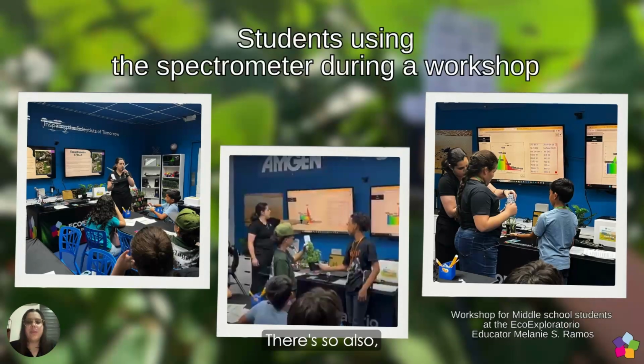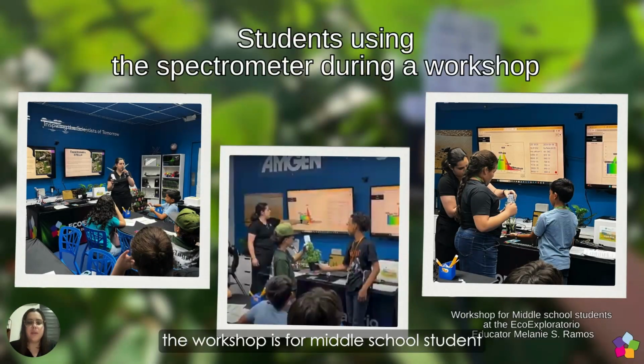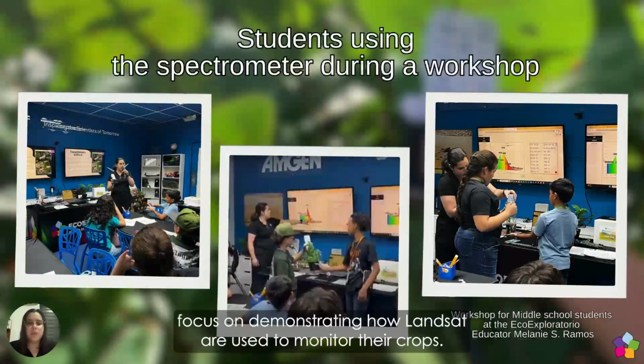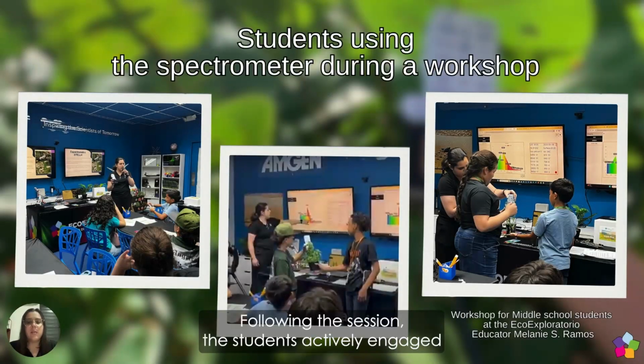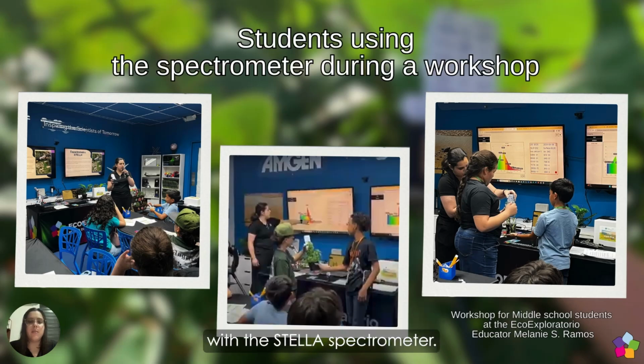Okay, so we also did workshops. The workshop is for middle school students, focused on demonstrating how Landsat is used to monitor crops. Following the session, the students actively engaged with the STELLA spectrometer.